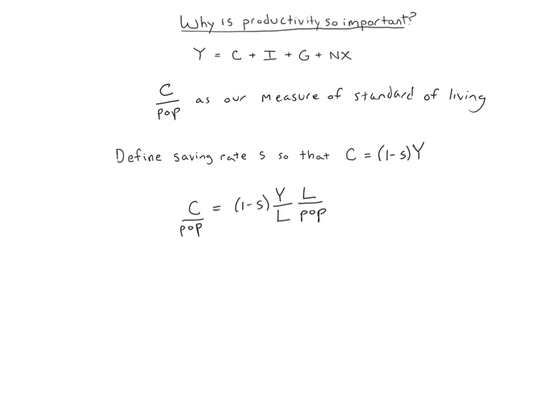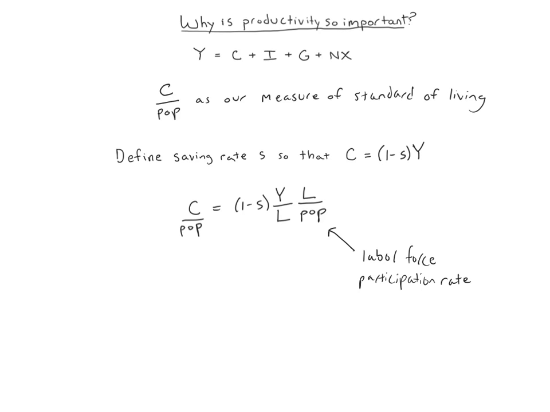But what it'll help us do is think about these three different factors we can see now and how each of them contributes to our standard of living. Specifically, now we have 1 minus the savings rate as a factor that contributes to the standard of living. We have the number of workers as a fraction of the population. That's what we call the labor force participation rate. So I'll write that here, labor force participation rate.